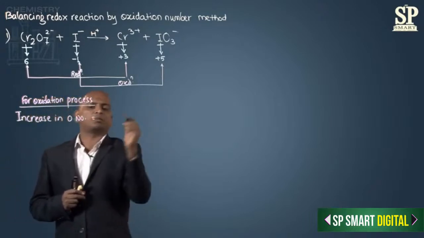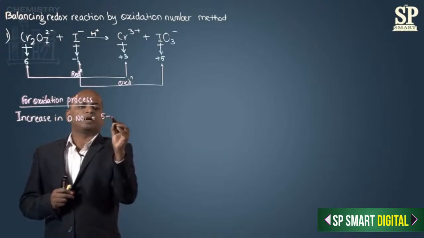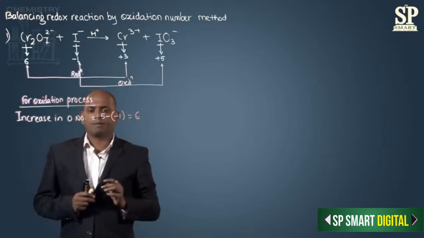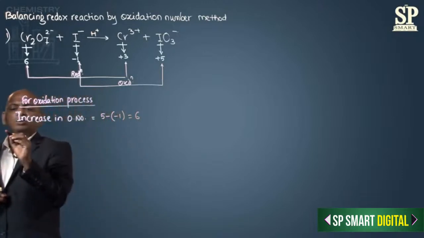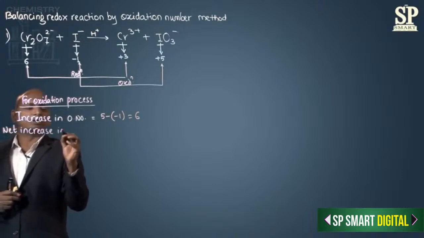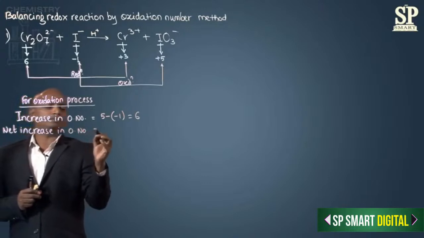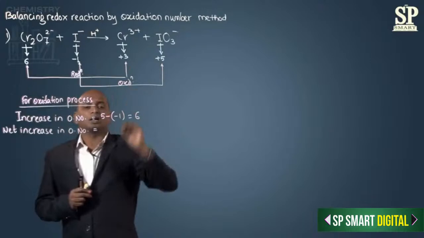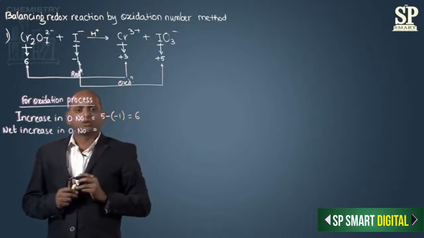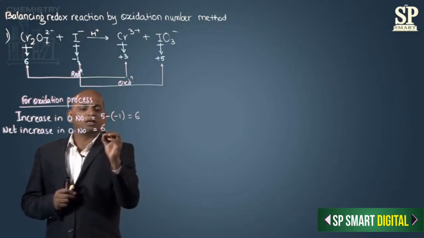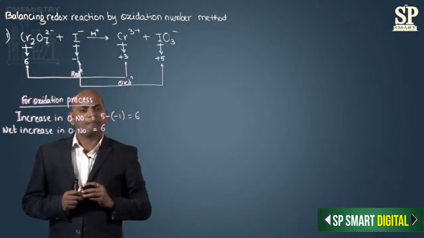Final oxidation number +5 minus initial oxidation number, that is -1, gives 6. So what is the net increase in oxidation number? Since the number of iodide ions is the same, the net increase in oxidation number is also the same, 6.